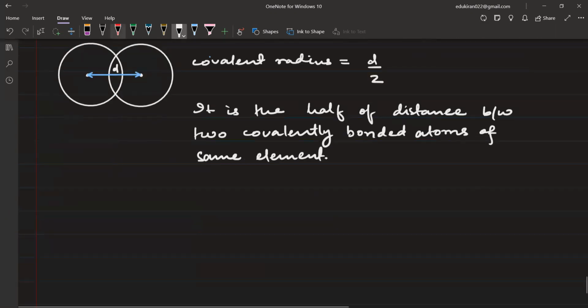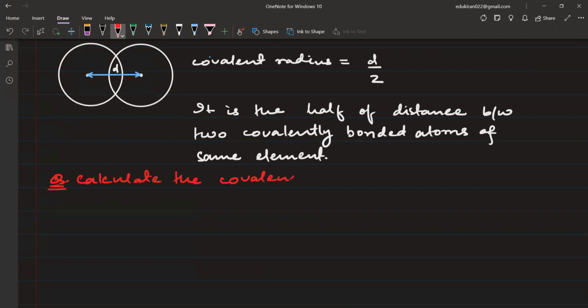Okay, write a small question that will help you understand this concept of covalent radius, right? Calculate the covalent radii of the following. I'm writing the molecule and then the bond length.